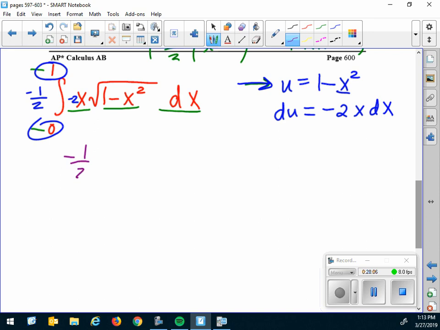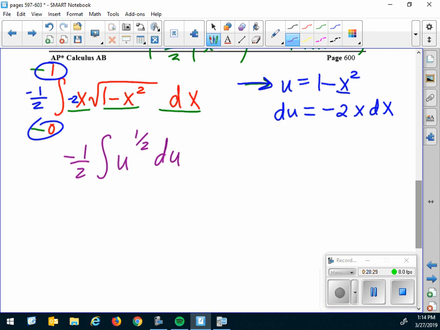This is the integral, negative 1/2 times the integral of u to the 1/2 du. We got right there, didn't we? And then we decided, or I decided to change the x limits to u limits. You don't have to change them. So let me show you.